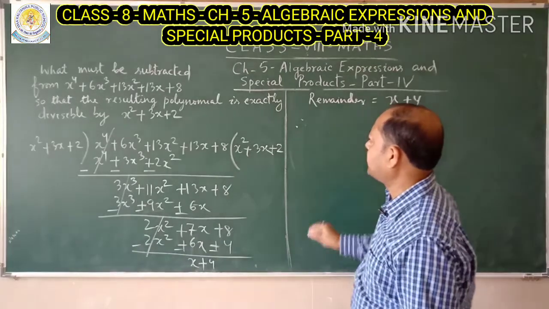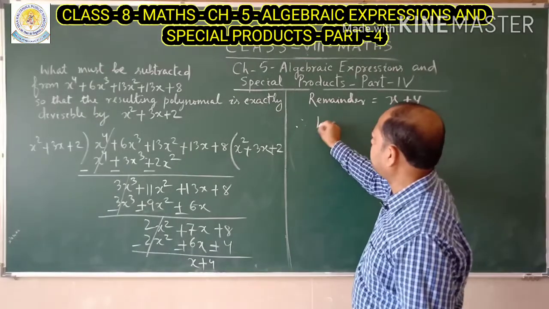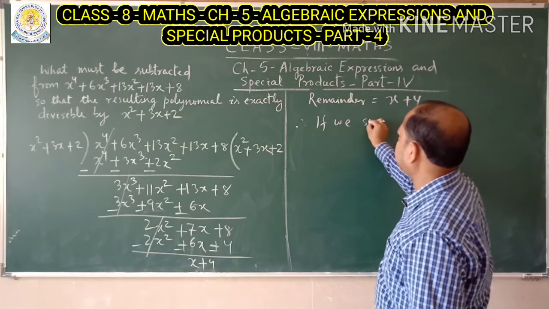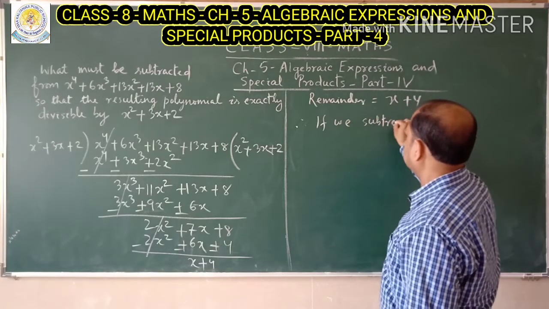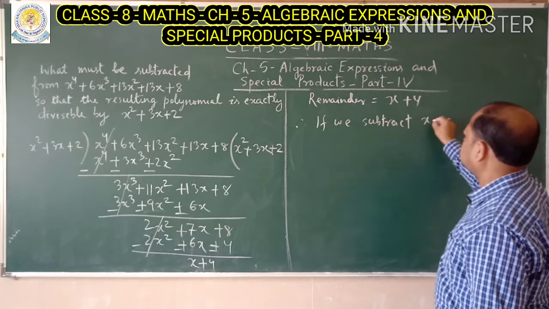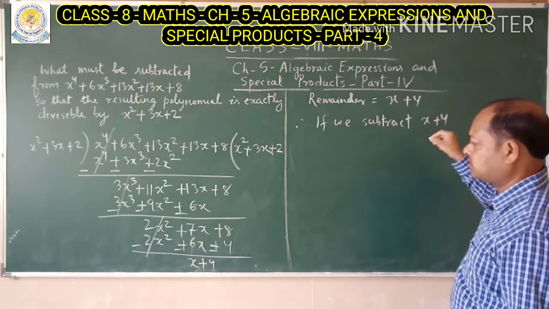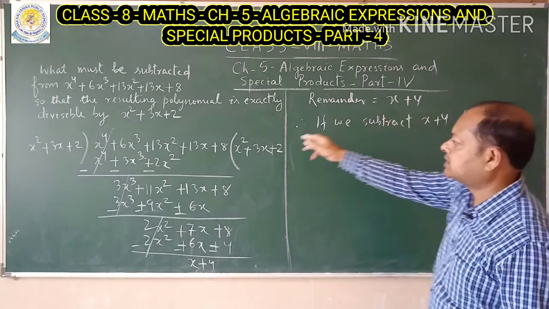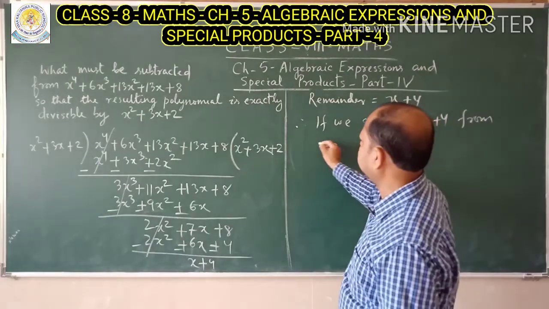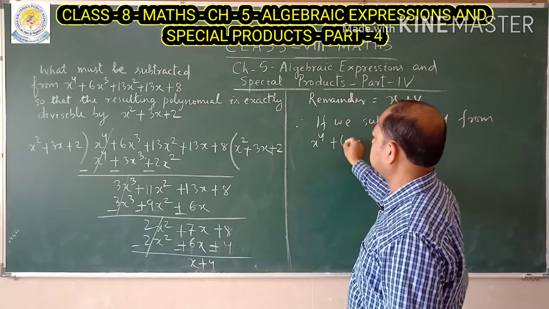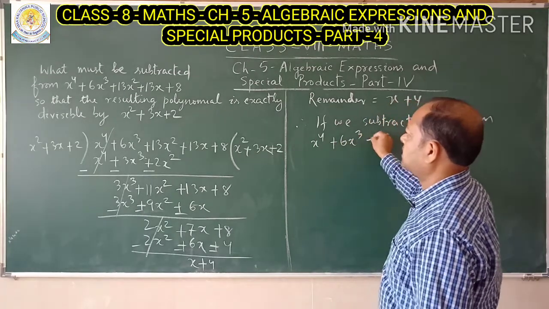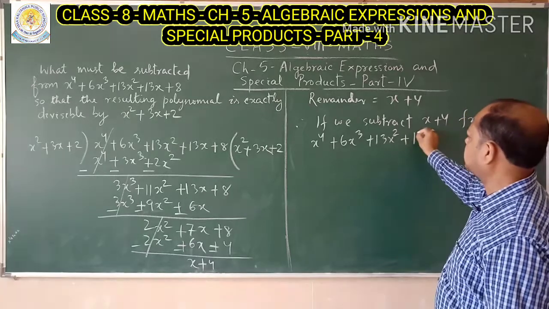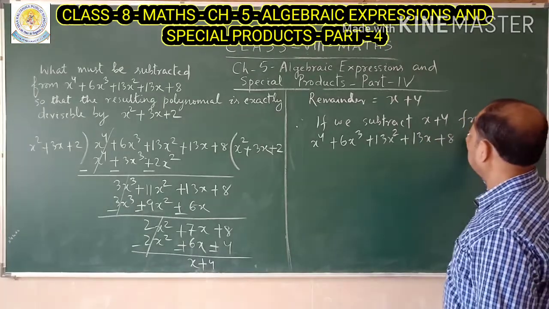So therefore we write: if we subtract x plus 4 from what? From the dividend. What is the dividend? That is x to the power 4 plus 6x cube plus 13x square plus 13x plus 8.